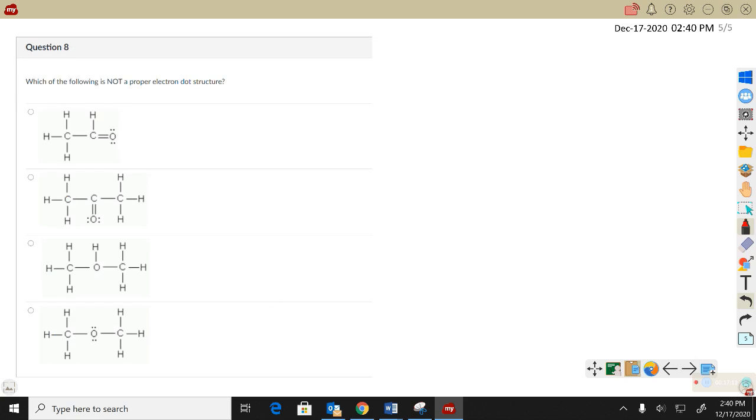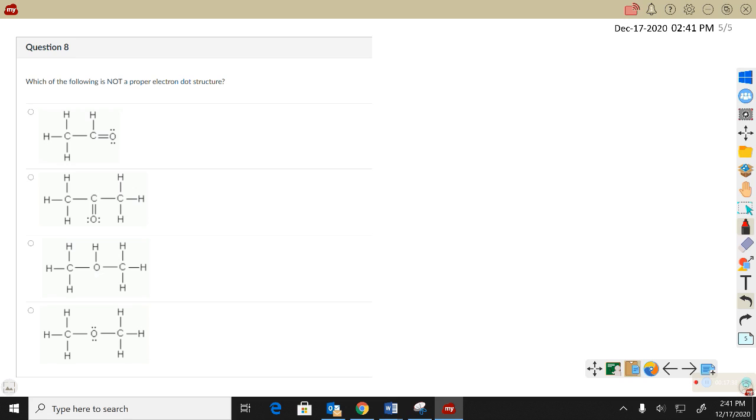And the last one, which of the following is not a proper electron dot structure? So first I'm looking for octets, except for hydrogen. Obviously hydrogen only needs 2. When you look at these types of structures, a dash represents a single bond, which would be the sharing of 2 electrons. 2 dashes would be a double bond, or the sharing of 4 electrons.